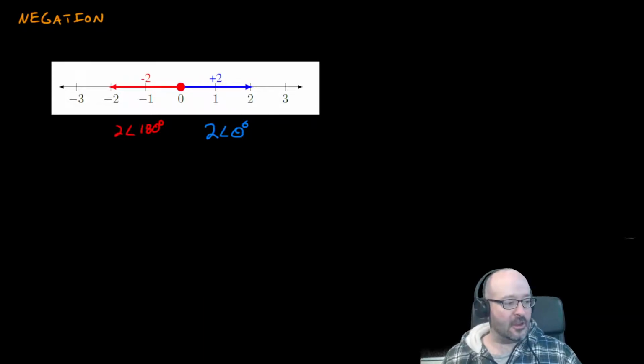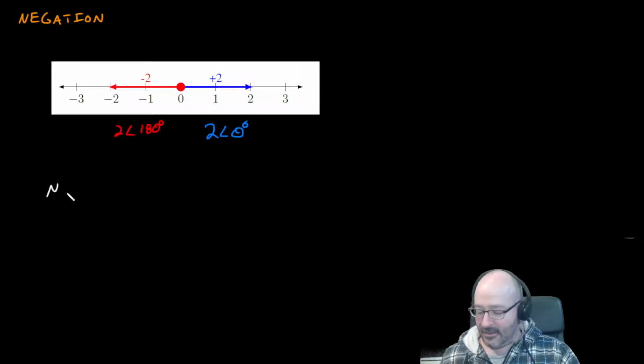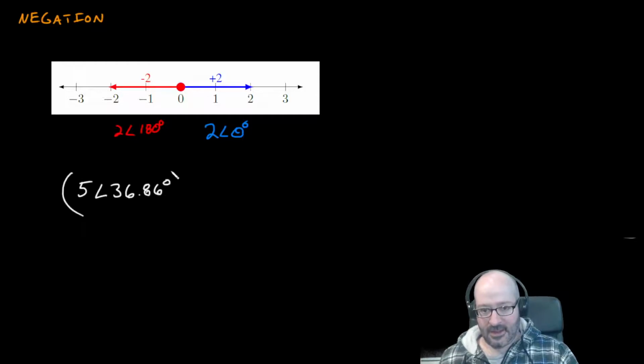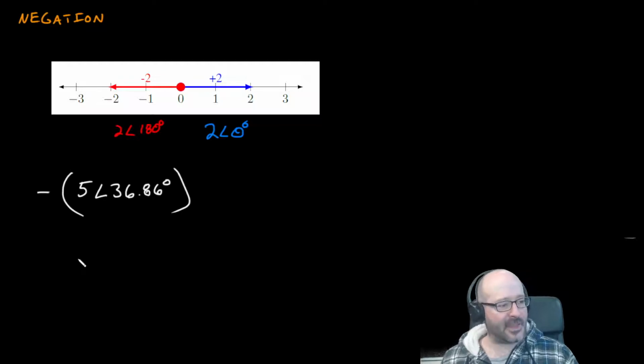So how do we negate? Let's see, we had our number before. We said, how do we get 5 at an angle of 36.86 degrees? And I'll stick that in parentheses. And how do we negate it? That's a big negative sign. There we go. How do we negate it? It's the same kind of mentality.